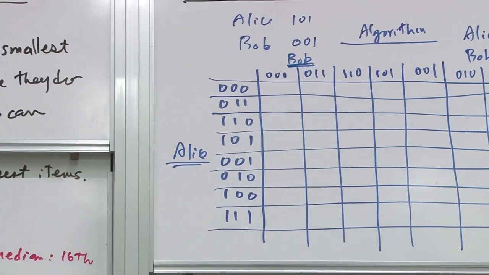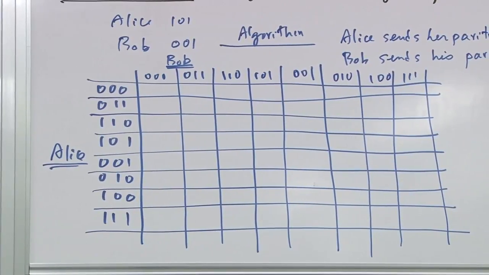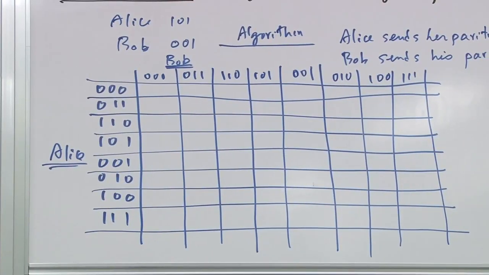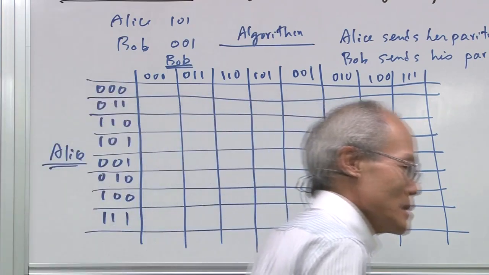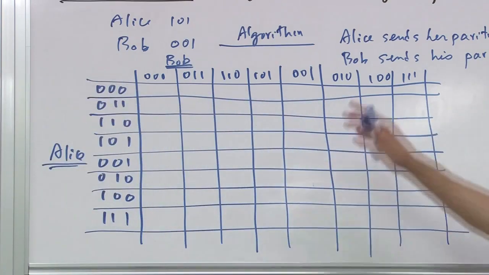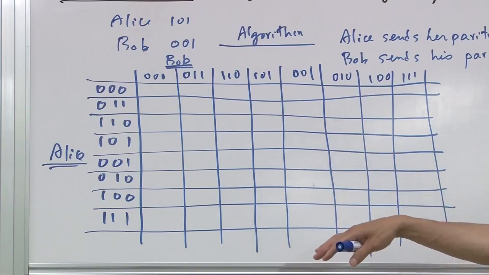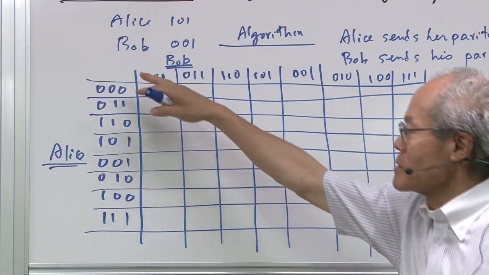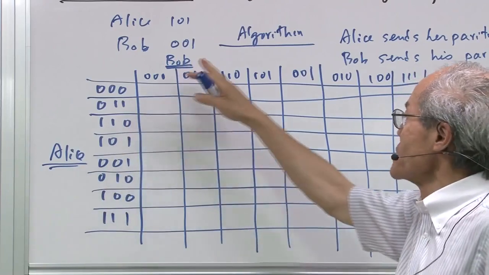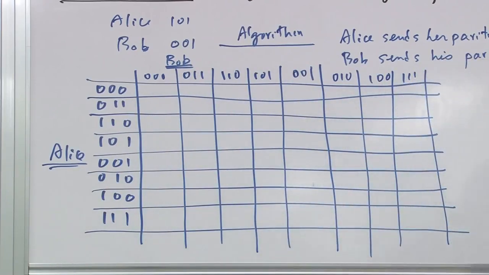This is a table describing all the cases for Alice's input and Bob's input when n is equal to 3. Suppose that Alice and Bob have 3-bit strings. Then these are all the cases. Alice's input may be one of them, and Bob's input may be one of them.